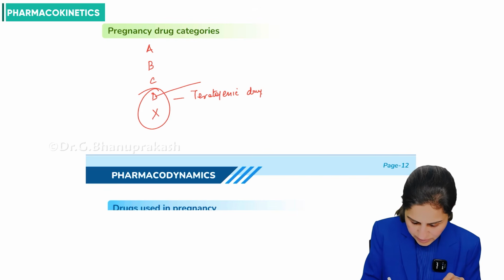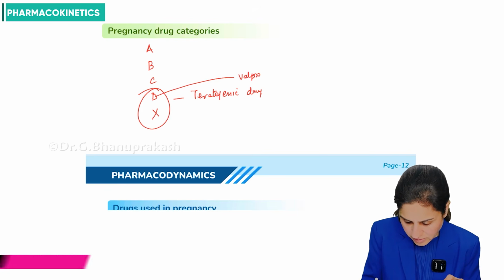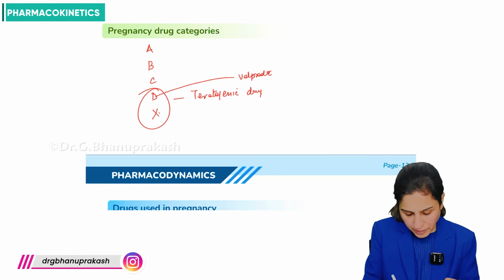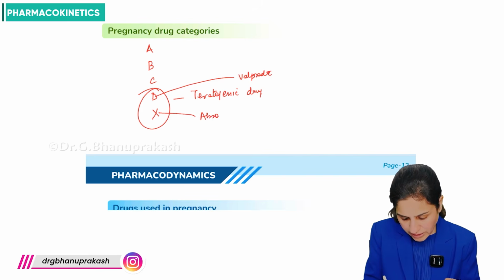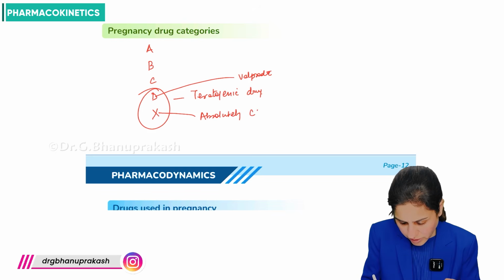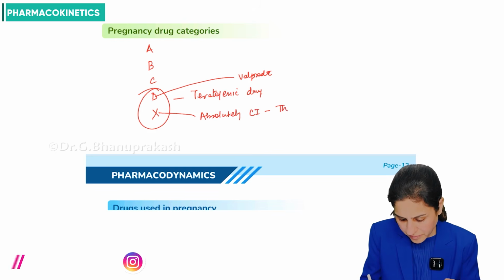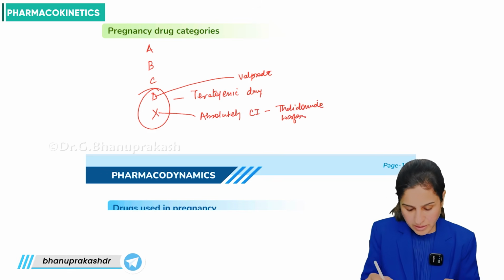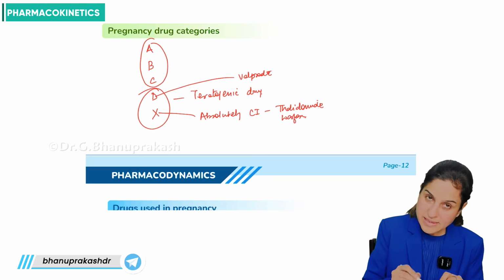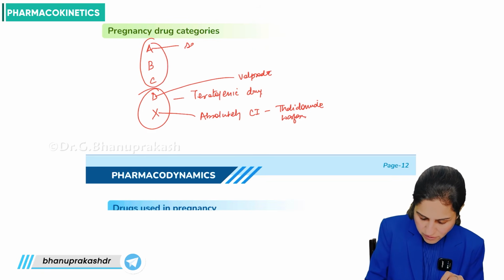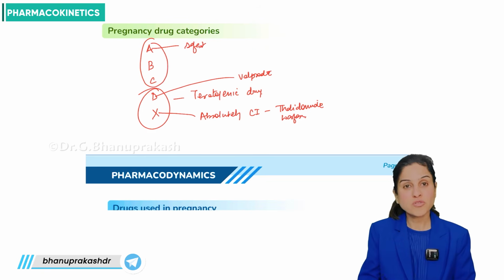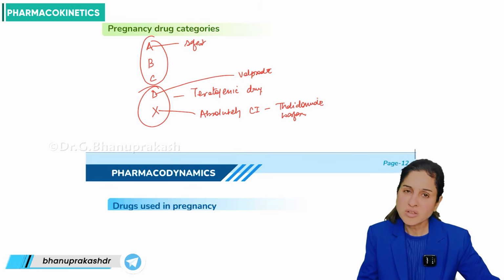For example, we have valproate in them. But X are absolutely contraindicated. The risk is more than the benefit. So they are absolutely contraindicated, like thalidomide, warfarin. Now, A, B, C are safer drugs, and A is the safest out of the lot. So this is what you should know about this.